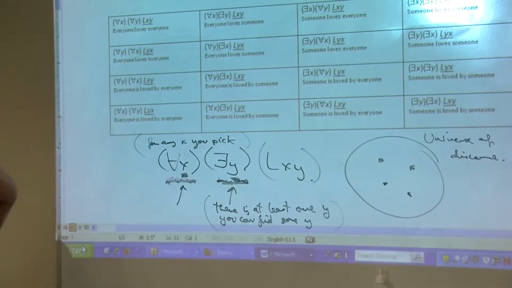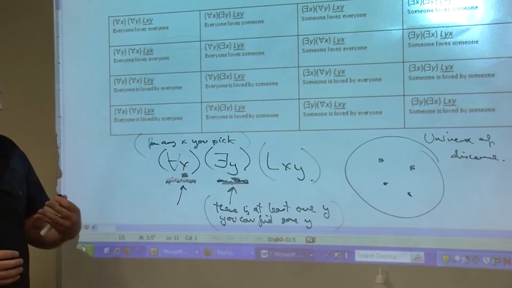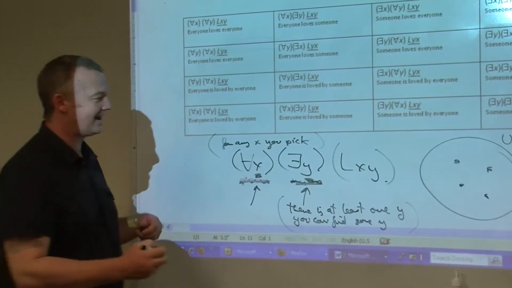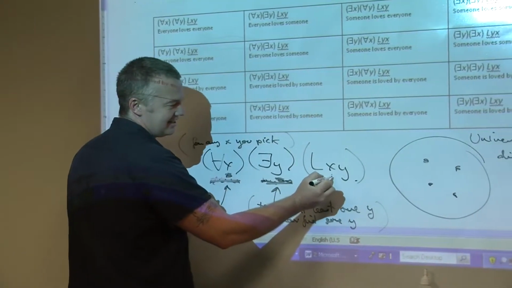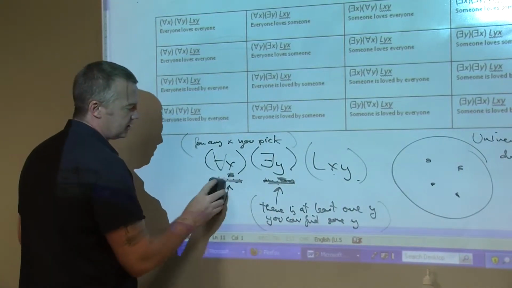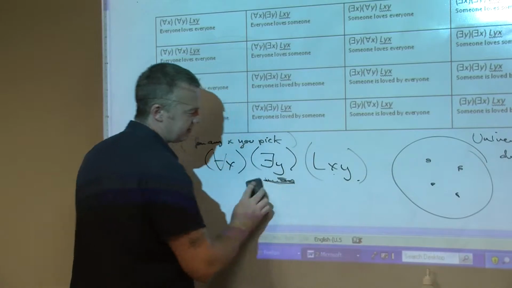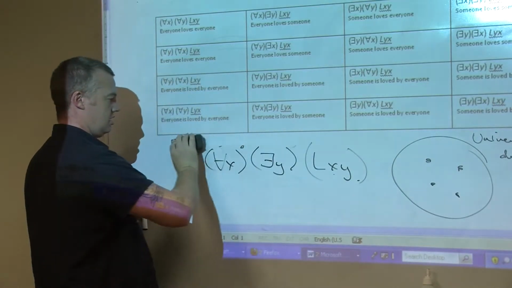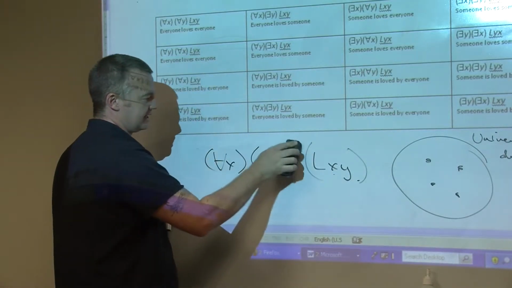So for any x you pick out, there's at least one y that you could find such that x loves y. So what we're looking at here is a relationship between the elements of this sentence.